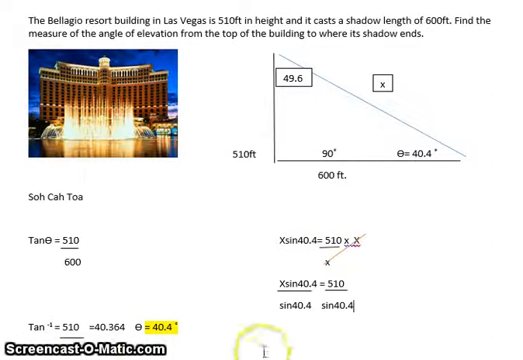And so when these x's cross out, you get x sine of 40.4 equals 510. And so you would divide both sides by sine of 40.4 to get x alone.